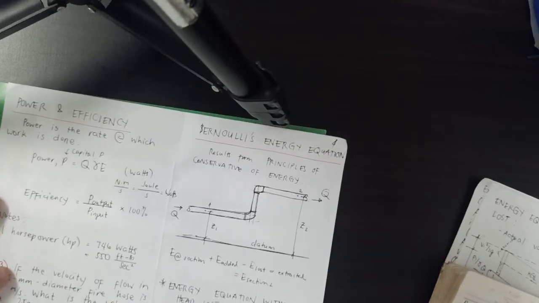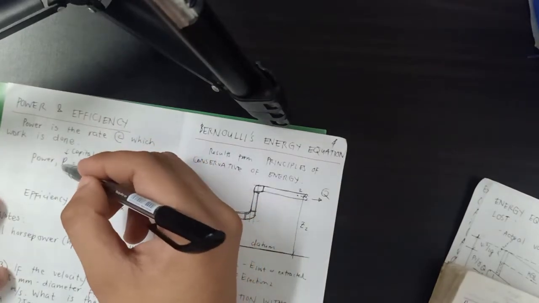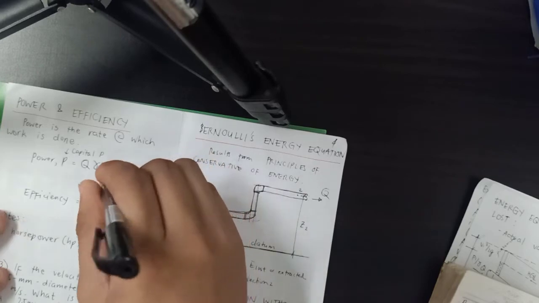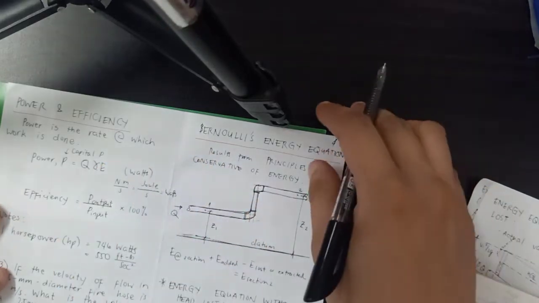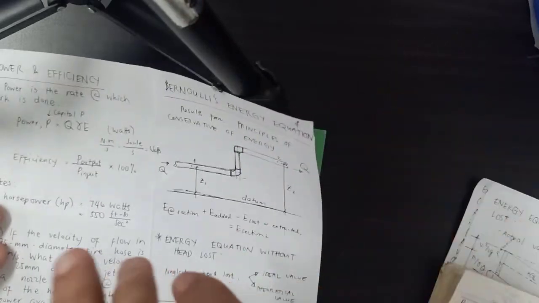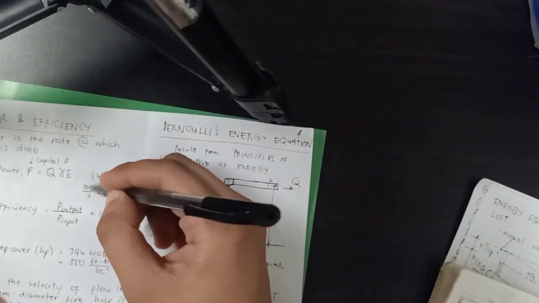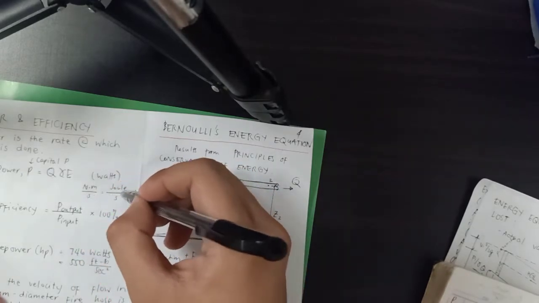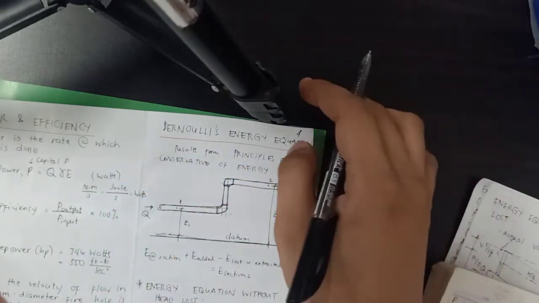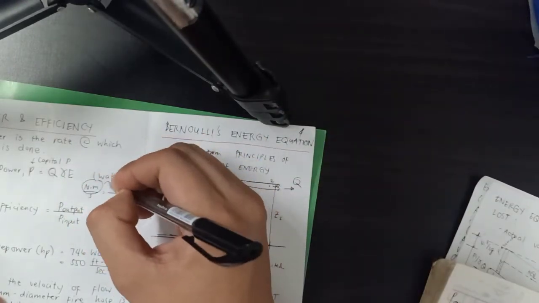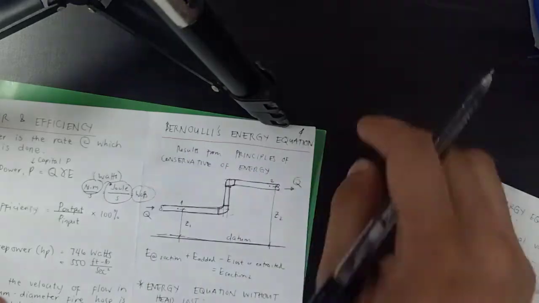So the formula here is capital P; the small p is the pressure. So P equals Q times unit weight times total head E. To come up with watts, again, newton meter is joule, and joule per second is watts.